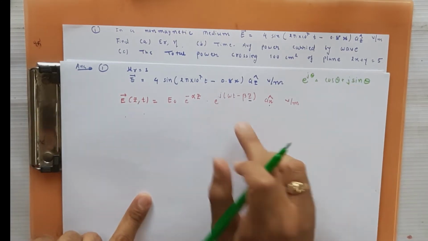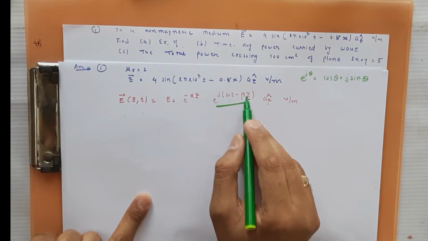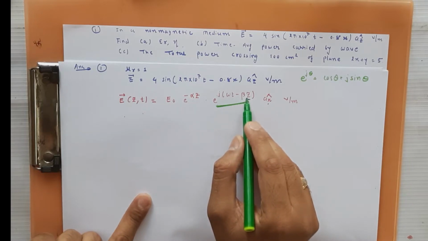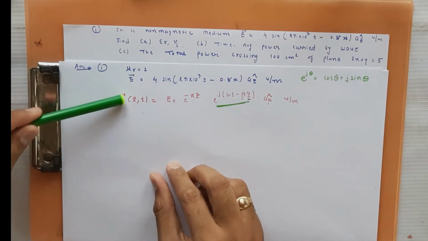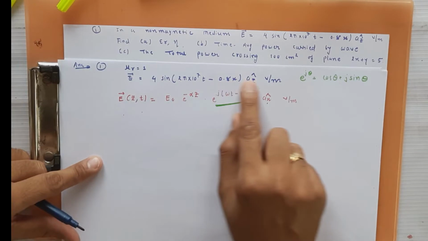I can write this term as cos(ωt − βz) + j sin(ωt − βz). Clear? Now we compare the two equations, the data given in our question and our standard equation.